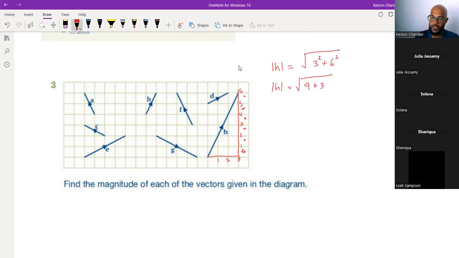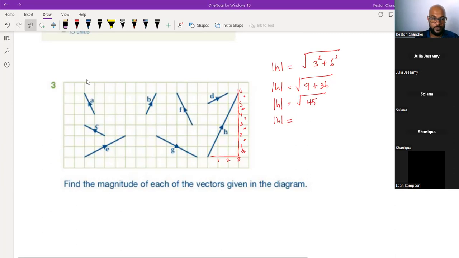9 plus 36. Root of 45. I get back a scientific calculator.